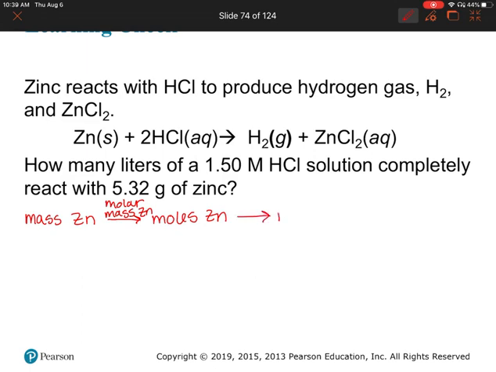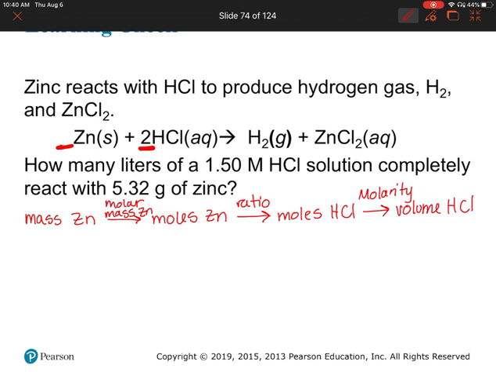Then we're going to convert to moles of HCl using the coefficients in our balanced reaction. And then we're going to convert that to a volume of HCl using molarity. Again, this is one more tool we have: if we're using aqueous solutions, we can use molarity instead of molar mass.